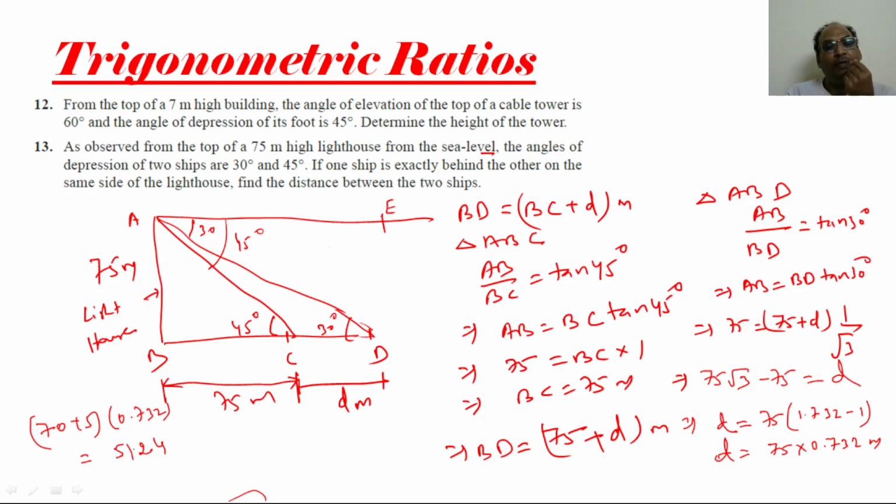So 51.24 plus 5 times 0.732 is 3.660. Okay, 3.660.